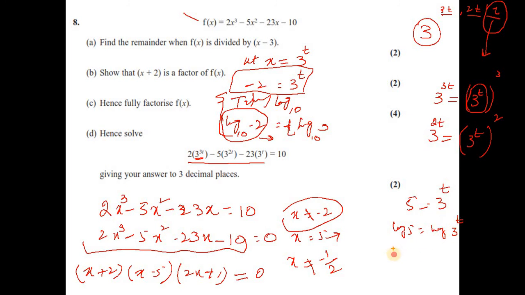So log of 5 is equal to t times log of 3, and t is equal to log of 5 divided by log of 3. Finally, t is 1.465. We need to give 3 decimal places, so 1.465.